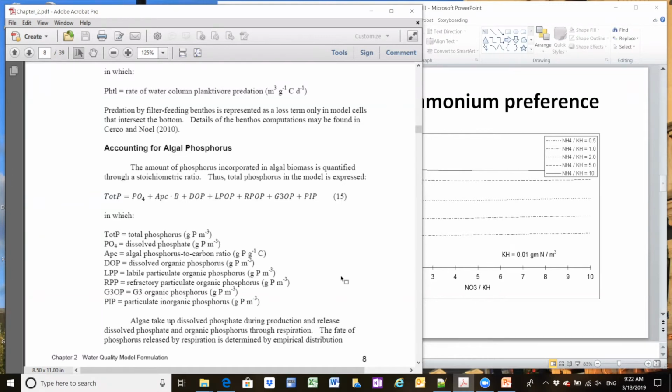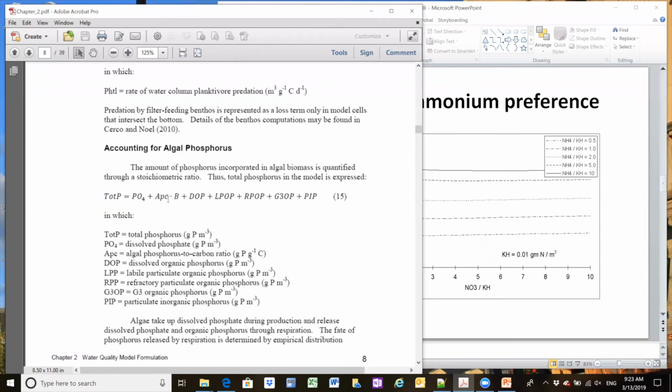What we do is, this expression is an expression for total phosphorus represented in the model. And the key here is that B is algal biomass. This is carbon. And here it's APC. This is the phosphorus to carbon ratio of the phytoplankton.